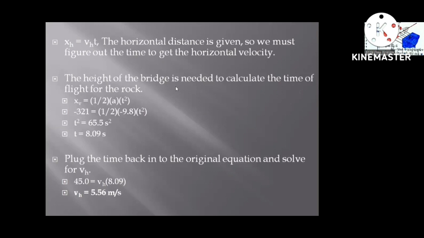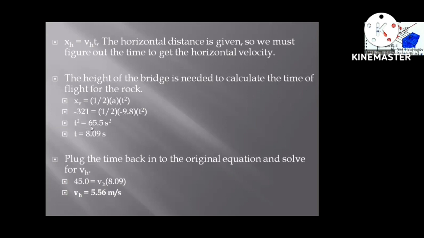The height of the bridge is needed to calculate the time of flight for the rock. The vertical displacement y equals half of a t squared, where the vertical acceleration is minus g, so minus 321 equals half of minus 9.8 times t squared.